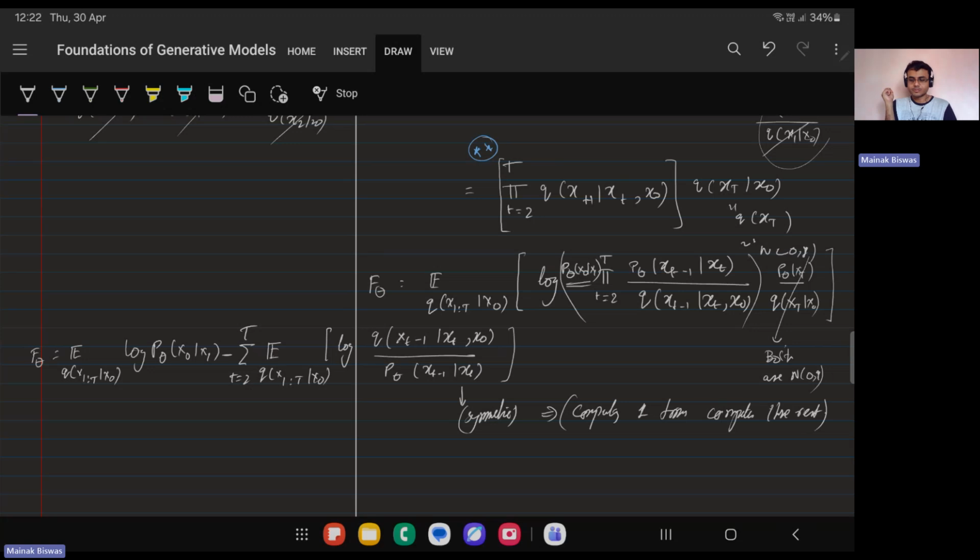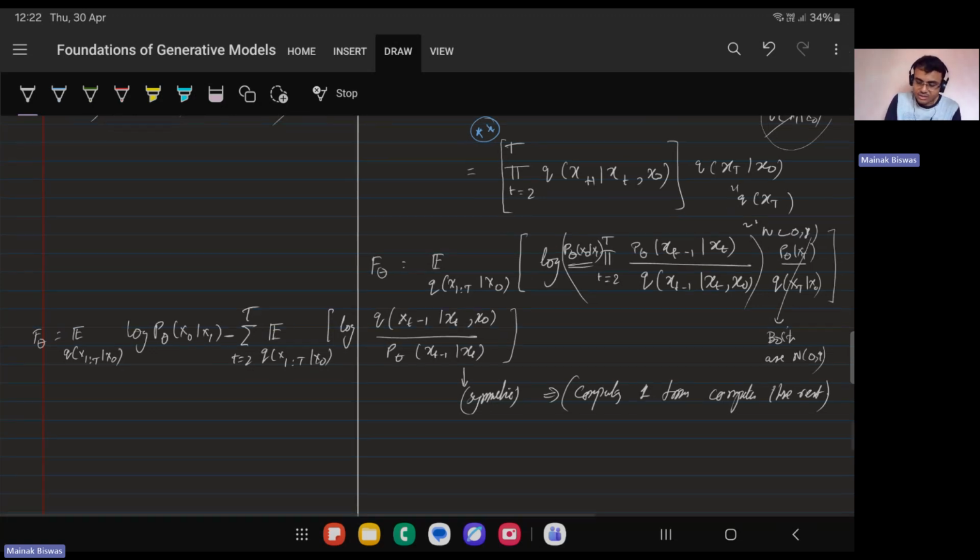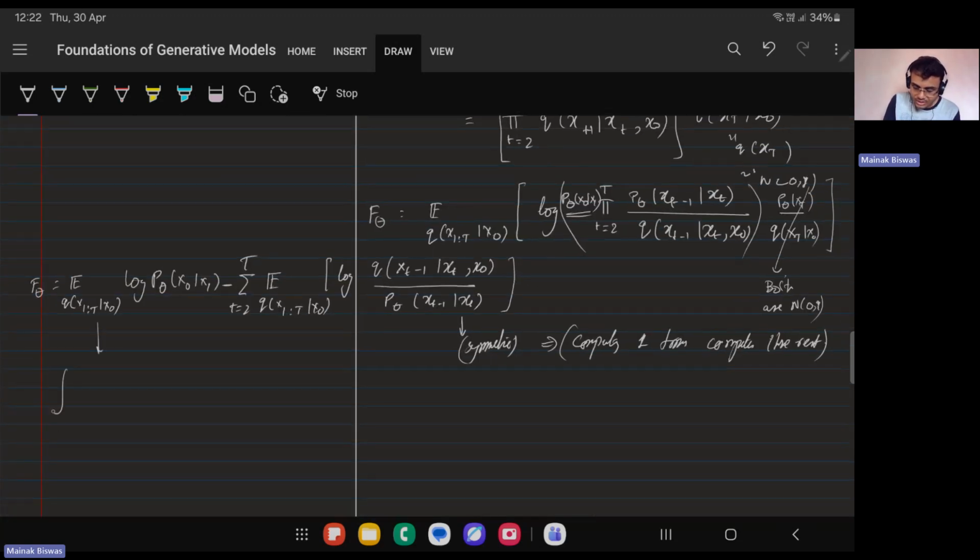So now you can clearly see the first term can be written as an integral. So let us write these down in terms of the integrals. So this integral is x1 to t, log of p theta of x0 given x1, times q of x1 to t given x0, d of x1 to t.